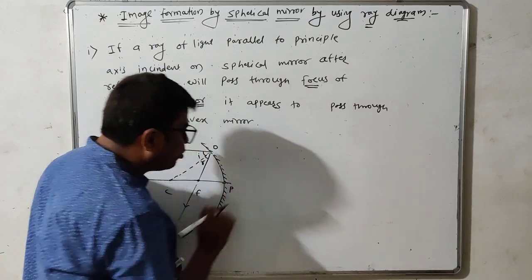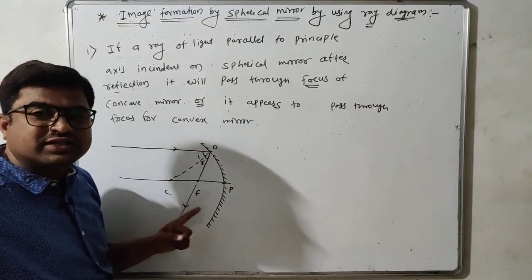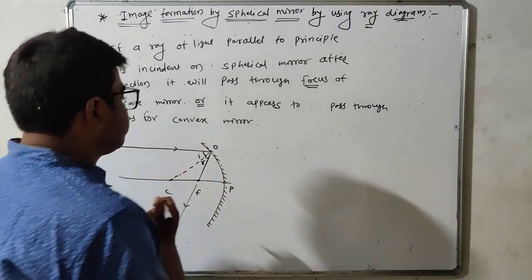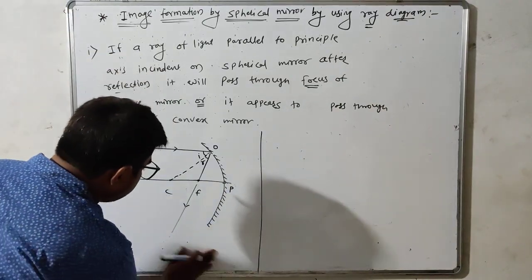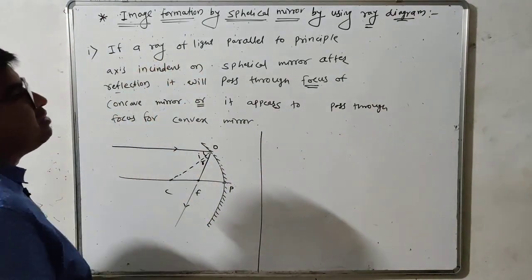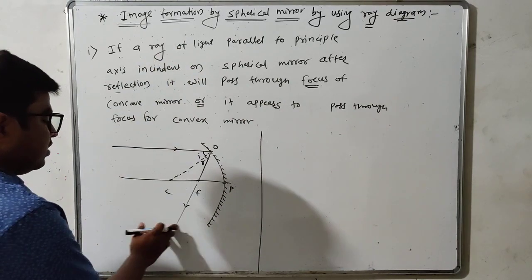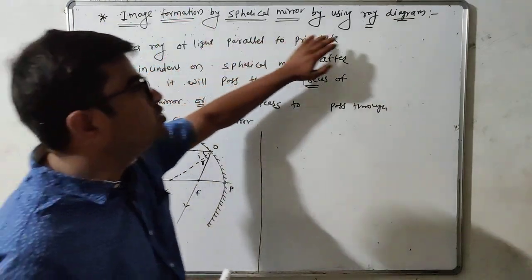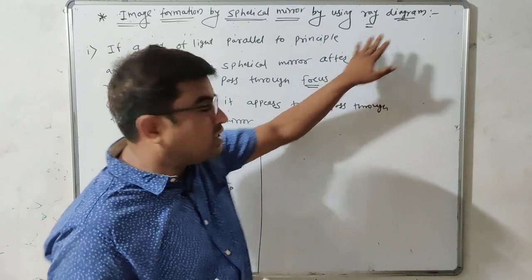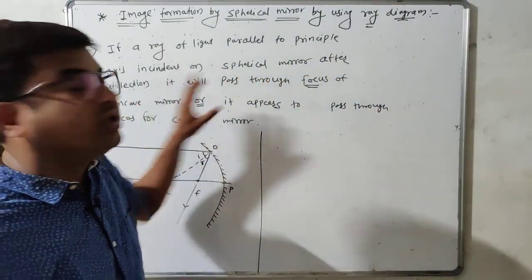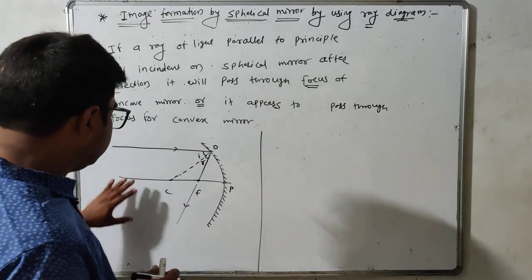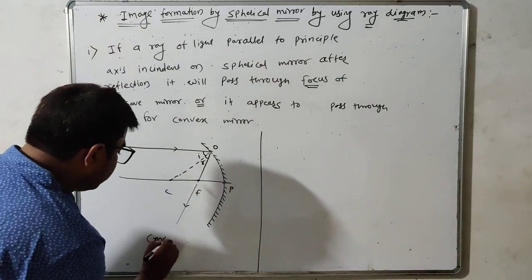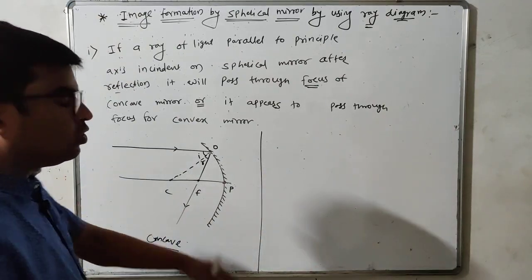This is the first very important rule for you to understand, because we are studying image formation by spherical mirror, and we find the position of images using these ray diagrams, and this is the very first rule for drawing a ray diagram. Got it? This first rule we applied to a concave mirror. Now let us study the same rule applied to a convex mirror.